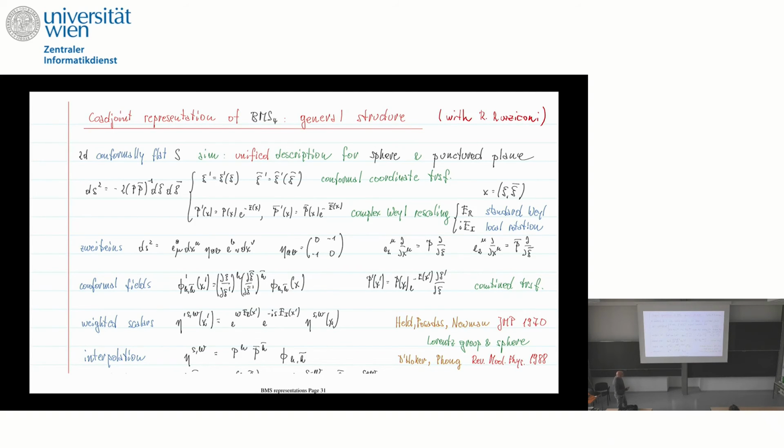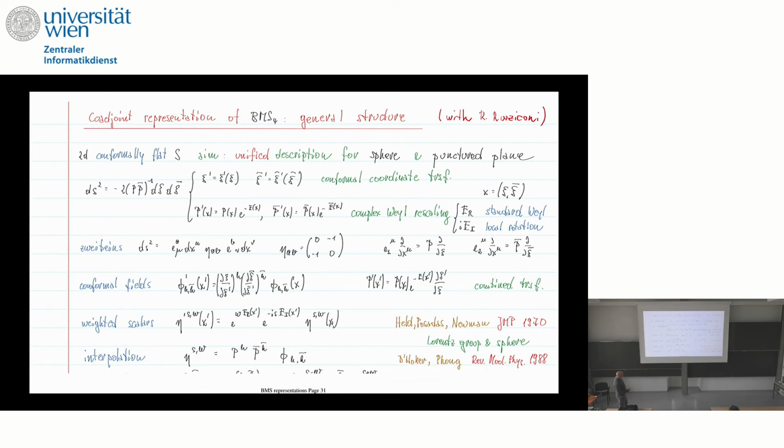So either you have these transformation laws under the conformal coordinate transformation, H and H bar, or you work with the weighted scalars, and then you have W and S, which are related to these complex Weyl transformations, and these things then transform as scalars. So it's a two-dimensional version of what you are already used to when you study Newman-Penrose, and the interpolating map is of course using these eths to put all the tensor fields into scalars, and this is just certain weights in these conformally flat coordinates.